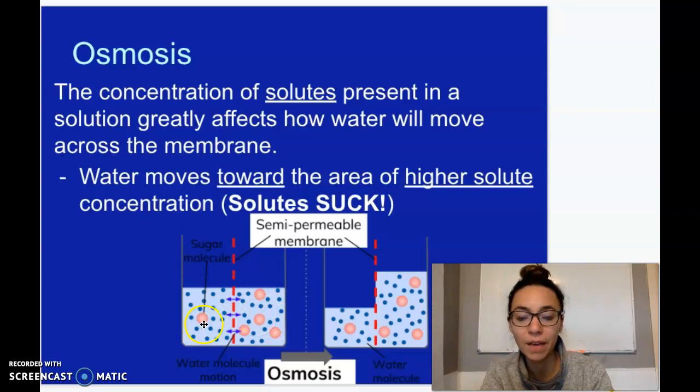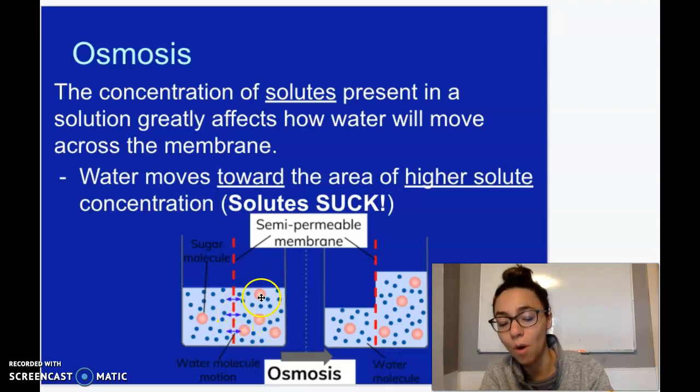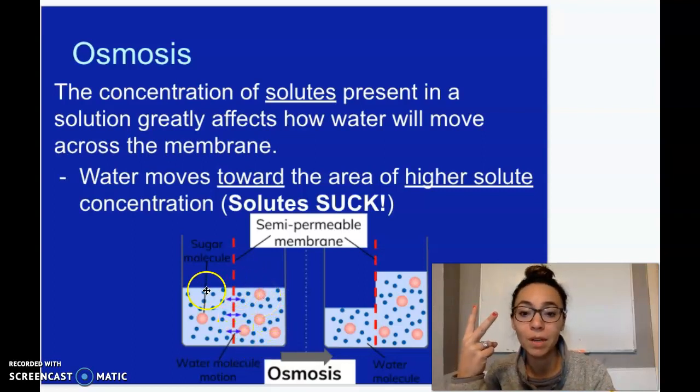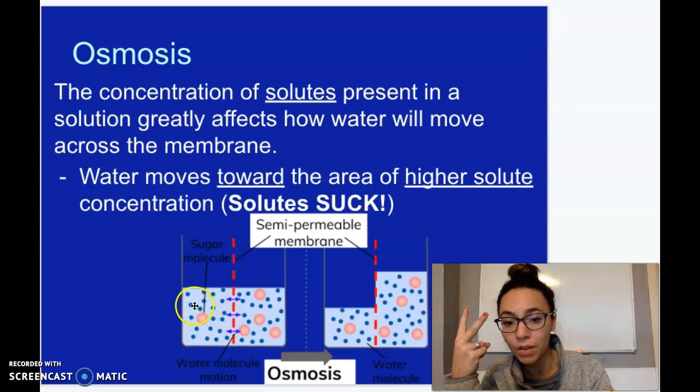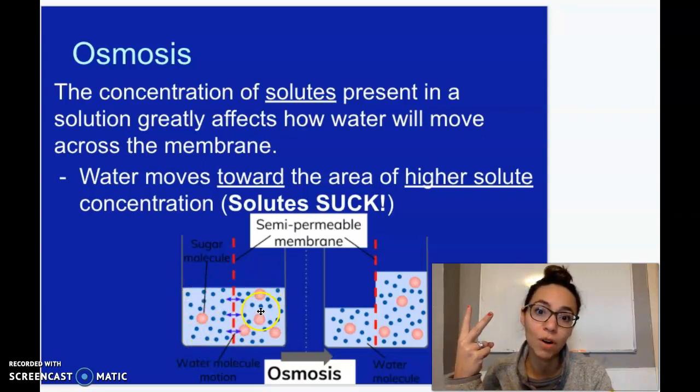So here we have the water molecules shown in blue on the left and right side of the membrane, and the sugar molecules are shown in pink. So we have a higher concentration of sugar on the right side, which means there's a lower concentration of water. So there's 2 ways to think about this. Higher concentration of water on the left, lower concentration of water on the right.